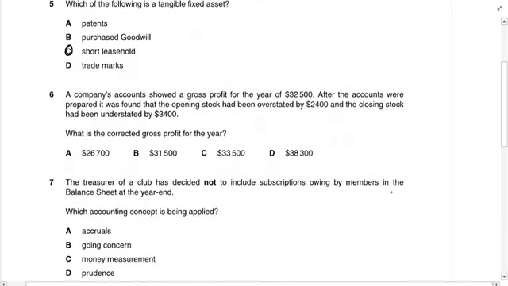Then question number 6. A company's accounts show the gross profit for the year of 32,500. After the accounts were prepared, it was found that opening stock had been overstated by 2,400 and closing stock had been understated by 3,400. What is the corrected gross profit? Right.